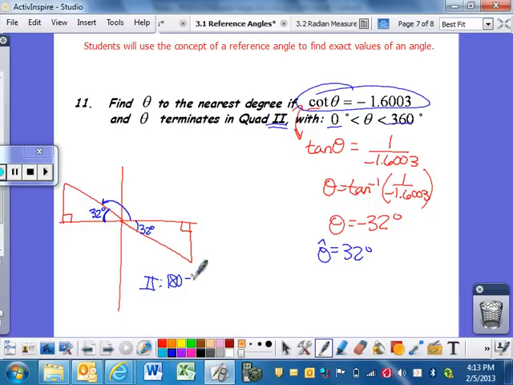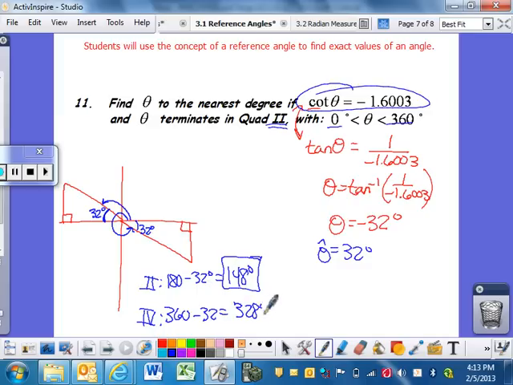It's 180 minus 32. I end up getting 148 degrees as one of my answers. And then the quadrant 4 answer would be, I can go almost all the way around, but I'm 32 degrees shy of an entire circle. 360 minus 32, I end up getting 328 degrees as my other possible answer between 0 and 360, or in one complete circle.